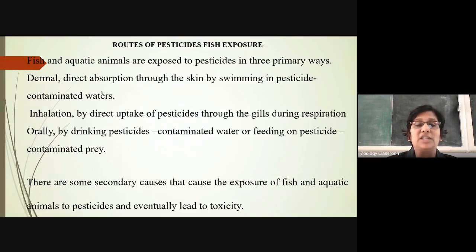Then inhalation, by direct uptake of pesticides through the gills during respiration, and orally, by drinking pesticide-contaminated water as well as feeding on pesticide-contaminated prey.